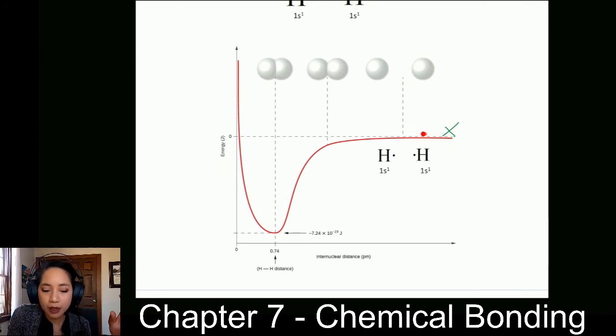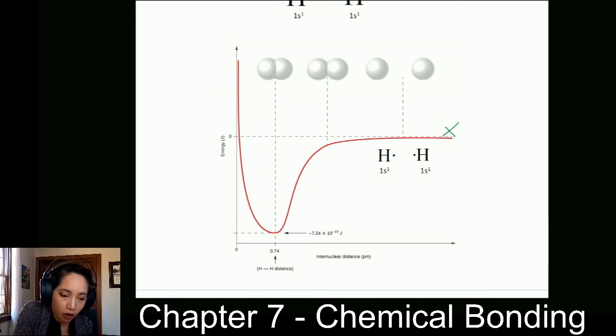But then, as we start to bring the hydrogen centers close to one another, the energy dips down. And this dipping down is telling us that when we bring 2 hydrogen atom centers close to one another, they can now start sharing electrons, and we can create a stable molecule.